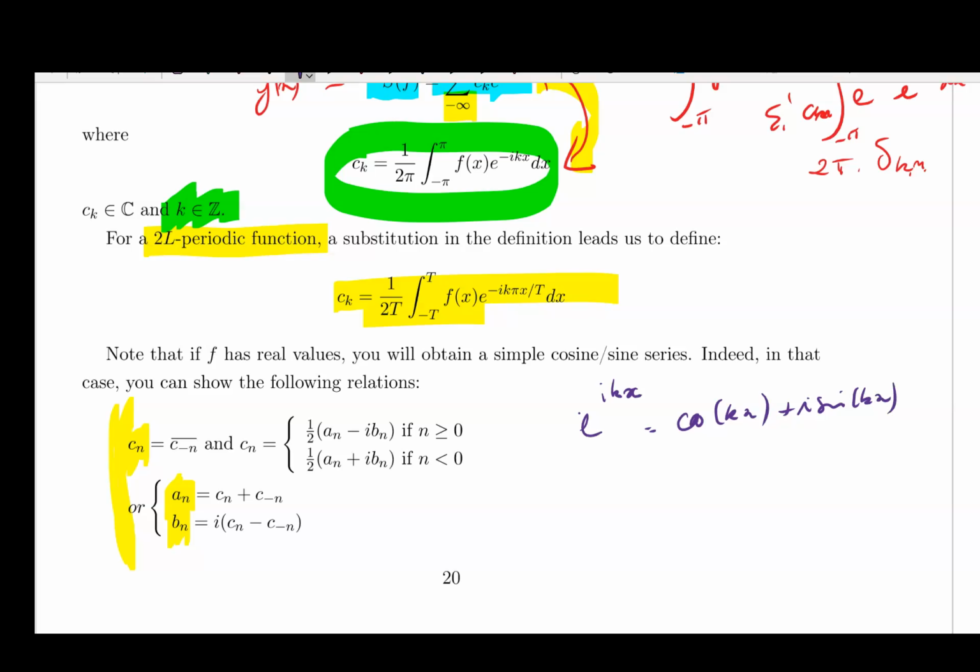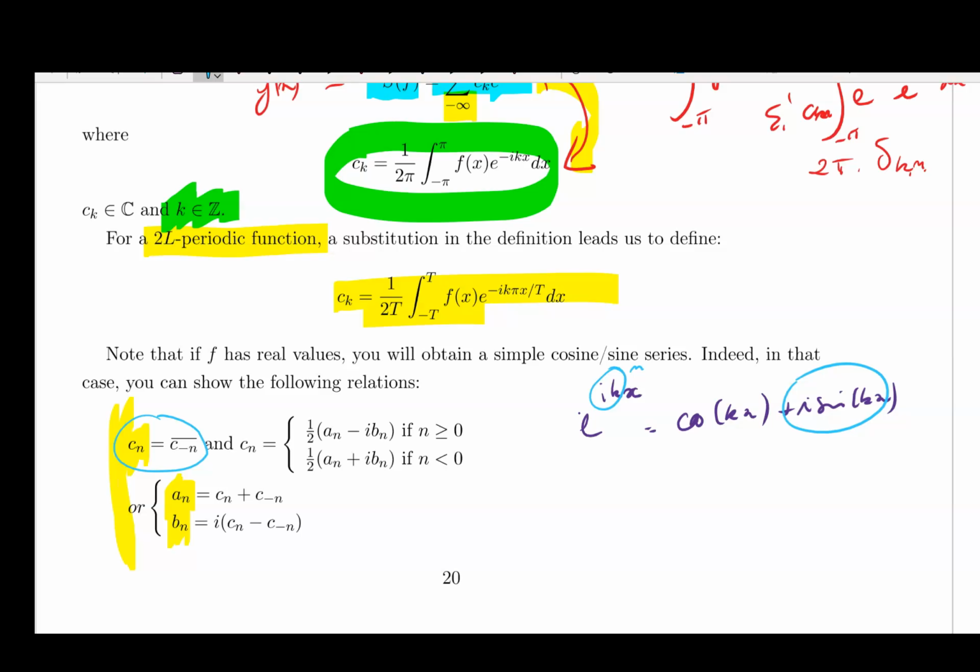So the relations between those coefficients are going to be, first of all, that if your function is real, then the c_n coefficient is going to be related to the c_minus_n coefficient. They are going to be conjugate values, so that if you know that your function is real, then even the complex expansion should be real, so that the imaginary part should cancel.